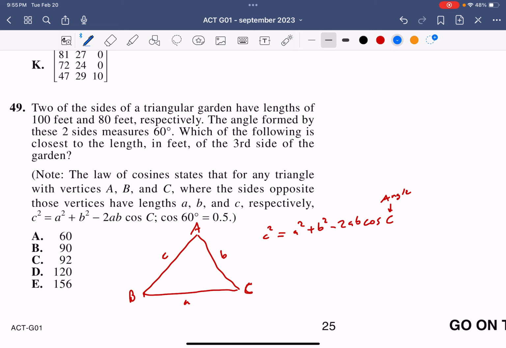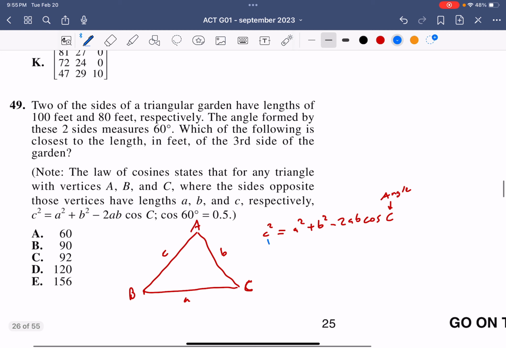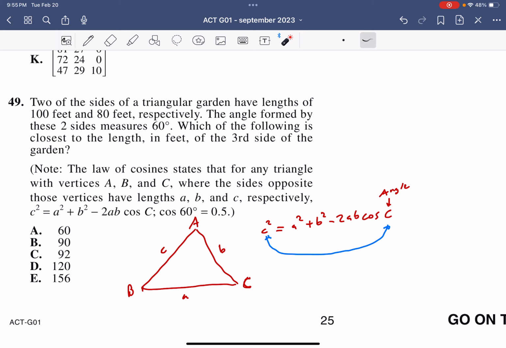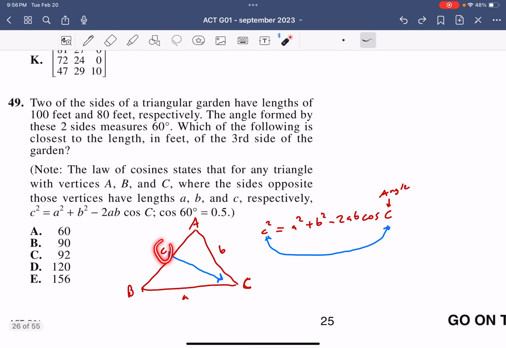In the equation, the side length c is on the opposite side of the equation from the angle C. Look at the diagram: the side is literally opposite the angle C, just like it is in the formula.